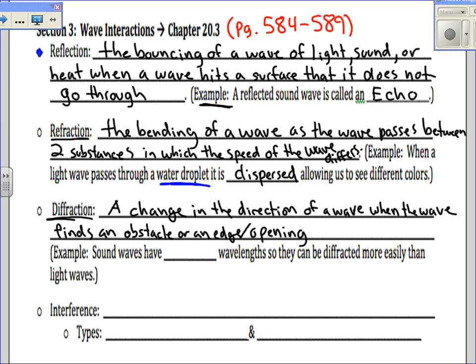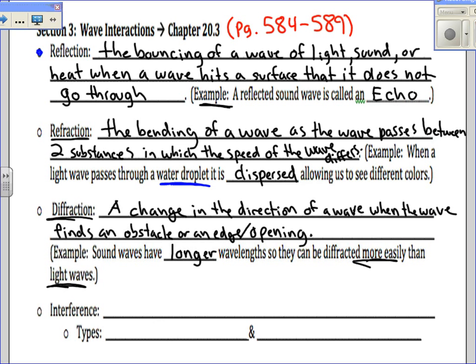Okay, so this is diffraction. Now, for instance, sound waves have longer wavelengths, so they can be diffracted more easily than light waves.